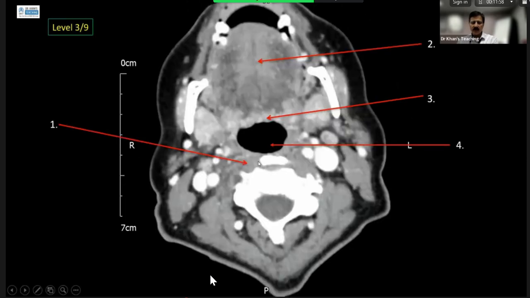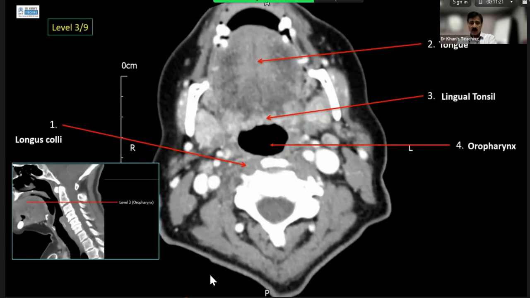Third level. What is number 1? Okay. There is a muscle here, longus colli. Which airway? Oropharynx. What is this, number 2? Excellent. And what is this slightly high density?